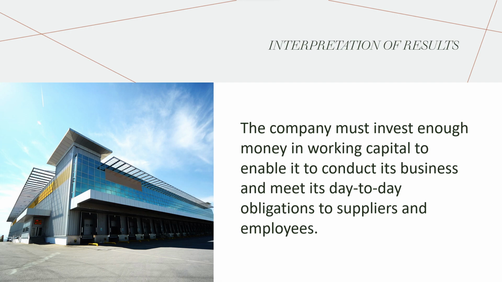The company must invest enough money in working capital to enable it to conduct its business and meet its day-to-day obligations to suppliers and employees. It cannot, however, afford to invest too much in unproductive current assets. Doing so might leave the directors open to allegations of inefficiency. This could trigger off a takeover bid.